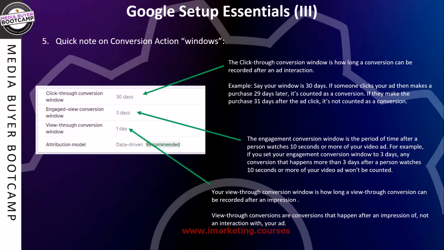The engaged view conversion window is basically what it says here. It's whatever they do after 10 seconds or more of your video ad. So if you set it to 3 days, any conversion that happens more than 3 days after the person watches those 10 seconds or more of video won't be counted, okay? Now, we tend to leave that at about 30 days.